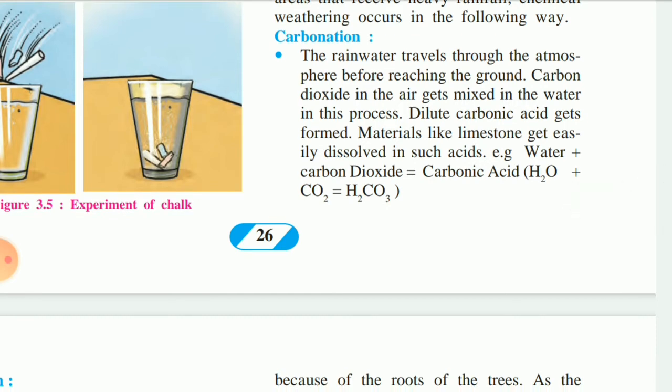So water plus carbon dioxide gives carbonic acid: water H2O plus carbon dioxide CO2 is equal to H2CO3. So it is considered as carbonic acid. In this carbonic acid, my dear student, limestone easily gets dissolved.